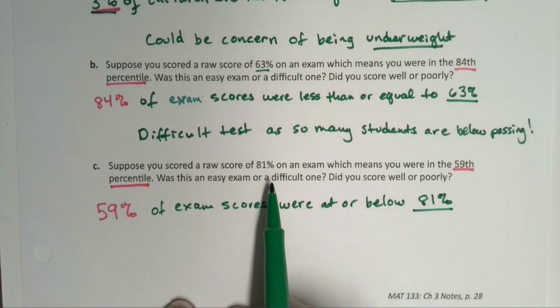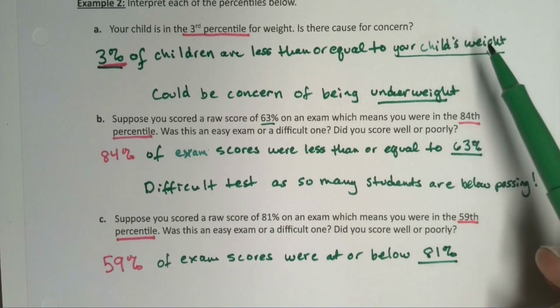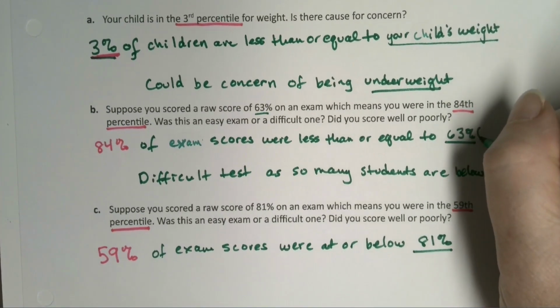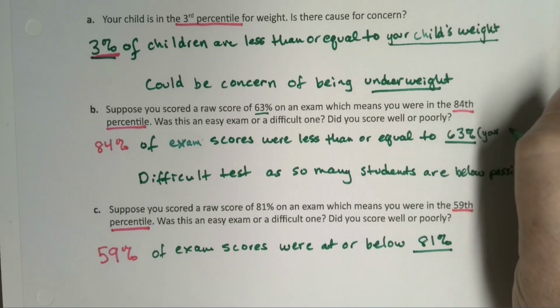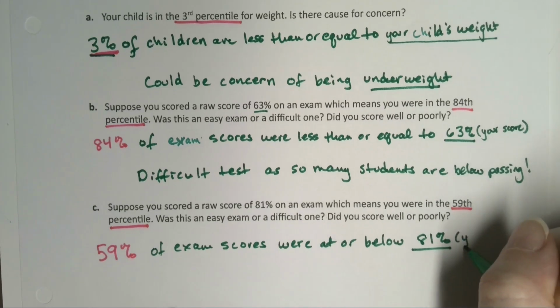Again, sometimes you're given this number, sometimes you're not. Sometimes you just write in words, my score or whatever it is, right? So you could say your score. Sometimes if you're not given the percentage, you could just put that instead.